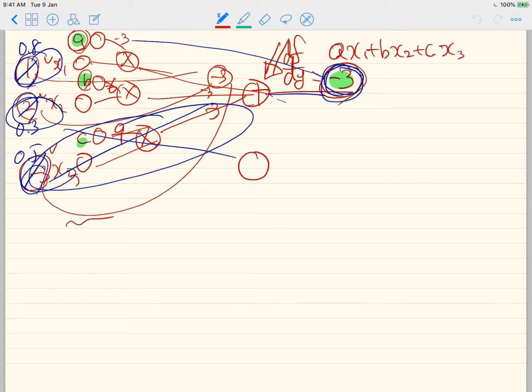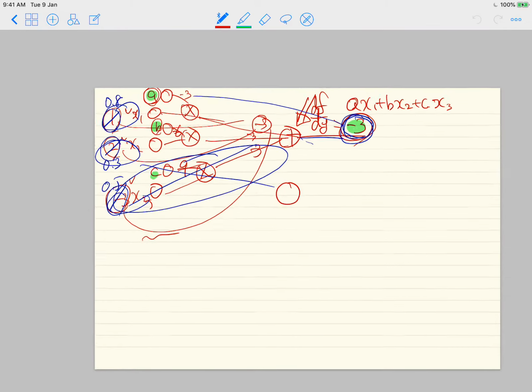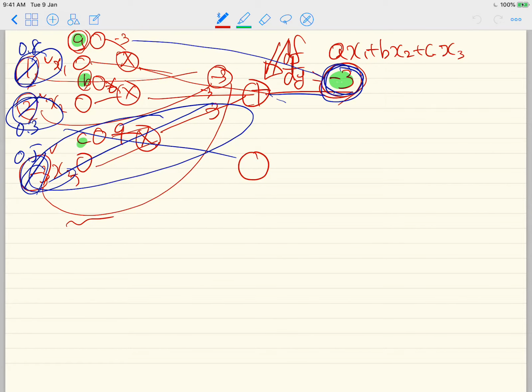But still, for those nodes that have positive activations as input to the ReLU node, they will all have the same kind of signs as well.